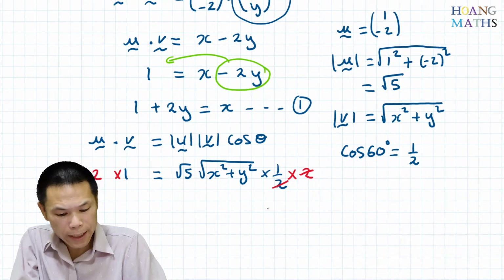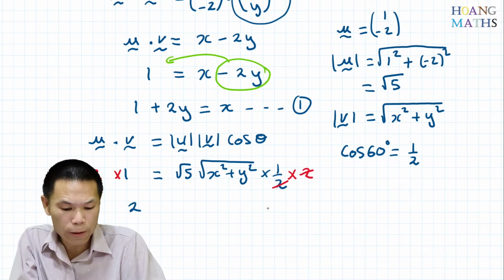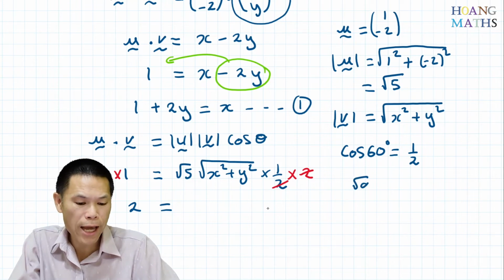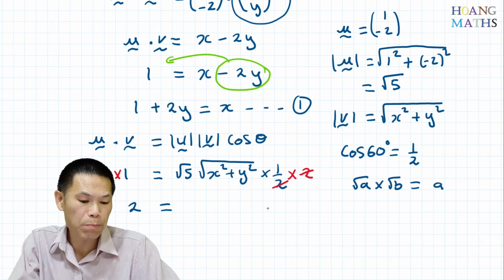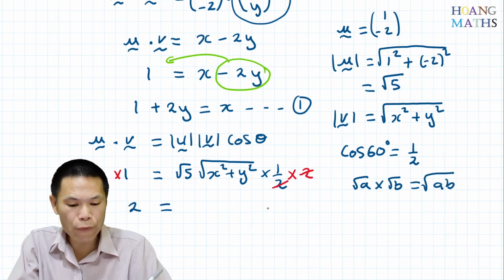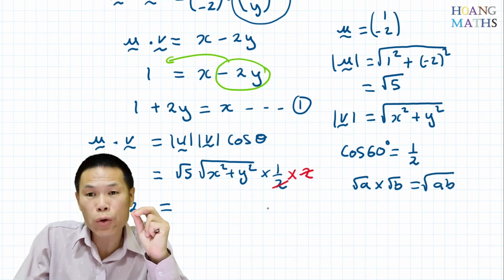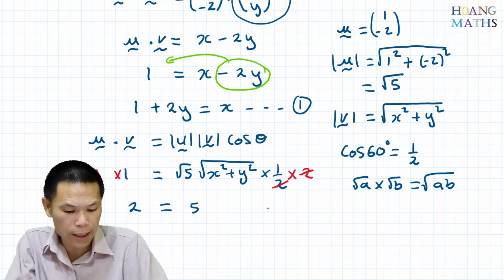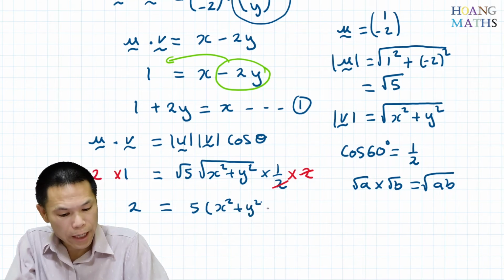So what I get on the right hand side is 2 is equal to. Now remember, if we have square root of a times square root of b, that will give me square root of ab. So therefore, square root of 5 times square root of x squared plus y squared is exactly the same as square root of 5 times x squared plus y squared.